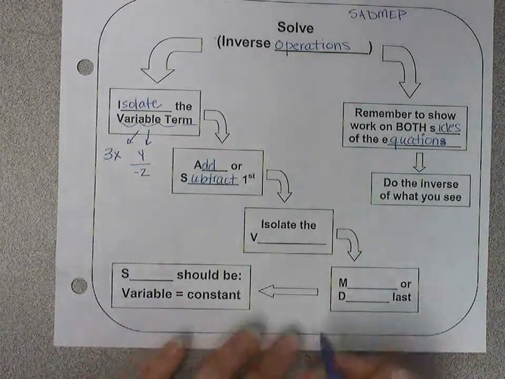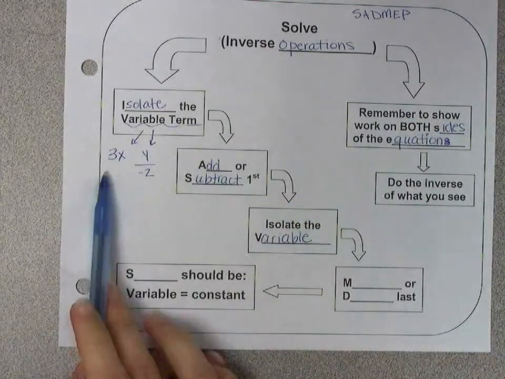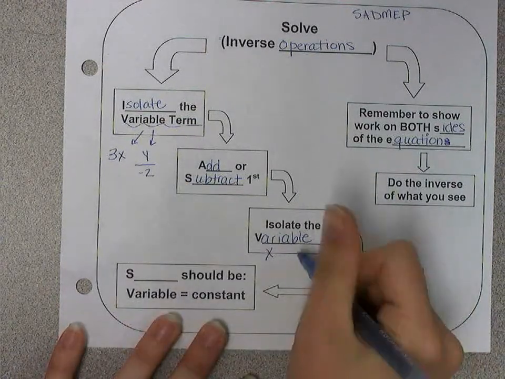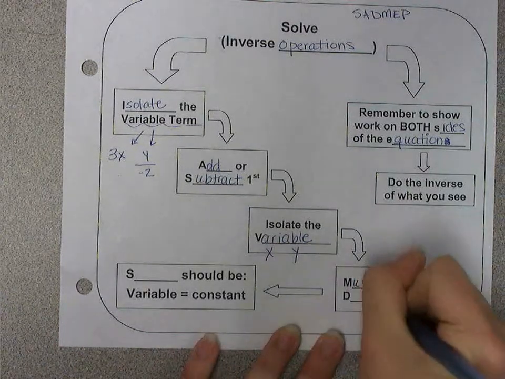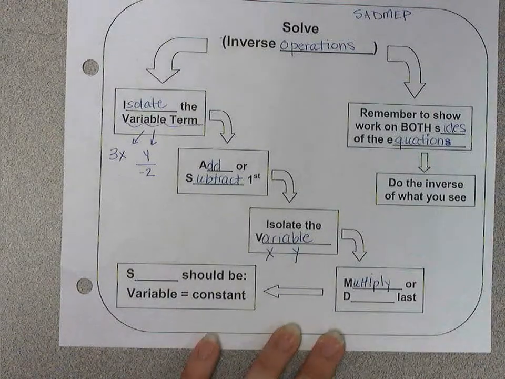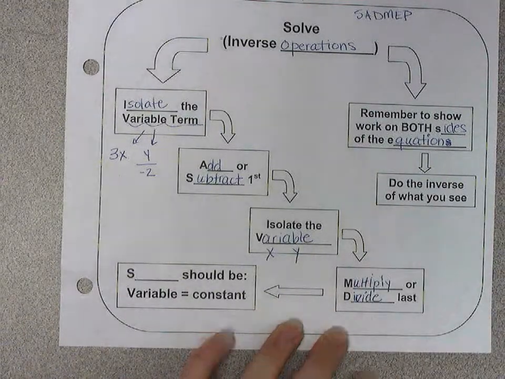Then isolate the variable. So if it was 3x, you want just x. Or if it was y divided by -2, you want just y. You do that by multiplying. So multiply or divide last.